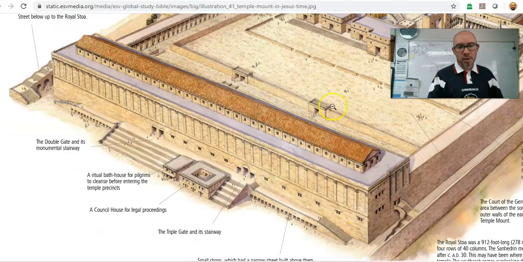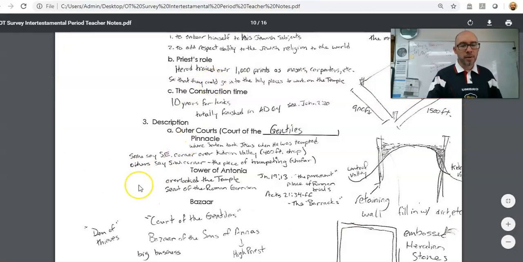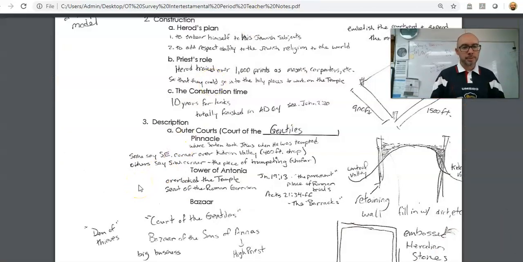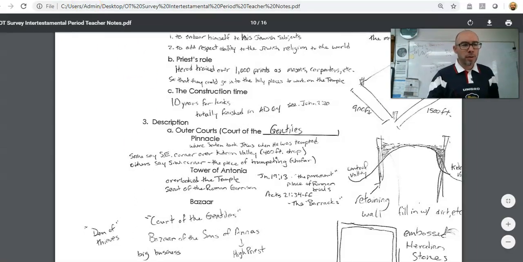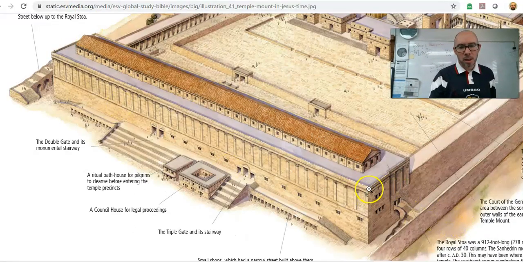We're not sure, and the text isn't clear, but everybody in that time would have known. That's where Satan took Jesus when he was tempting him. Some say it's the southeast corner because that's a pretty big drop down to the Kidron Valley, a good 400-foot drop. It would be like here and then dropping down into this valley.